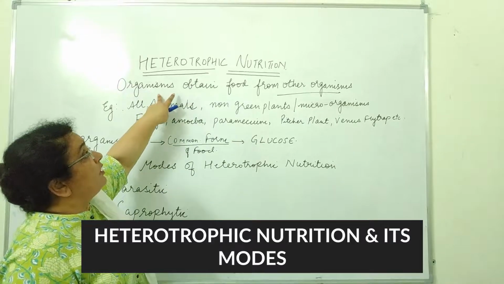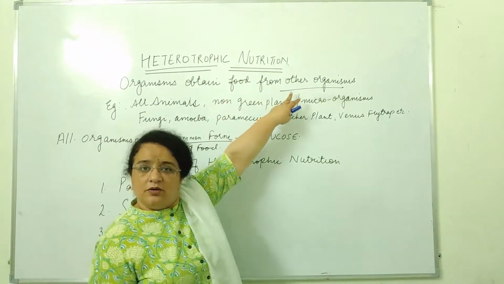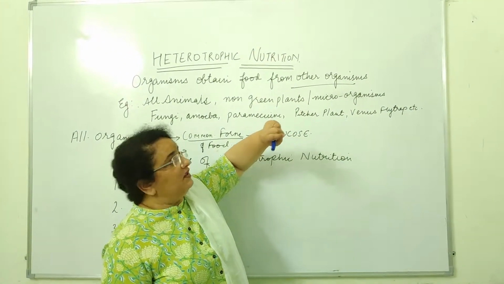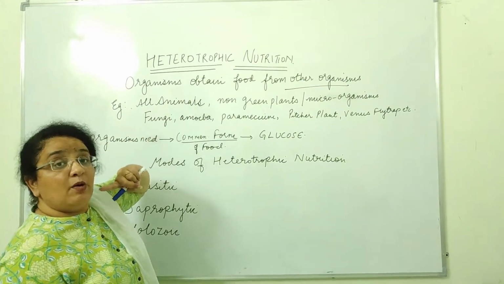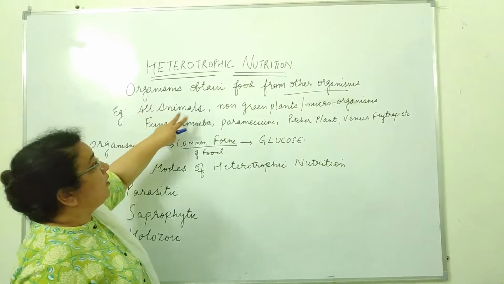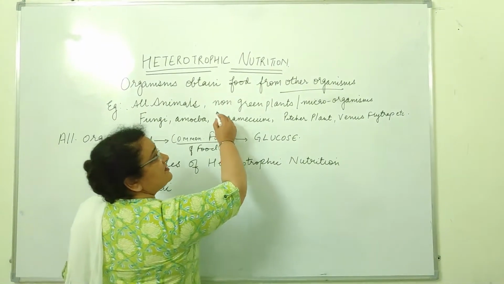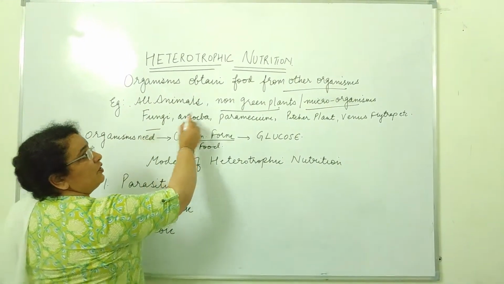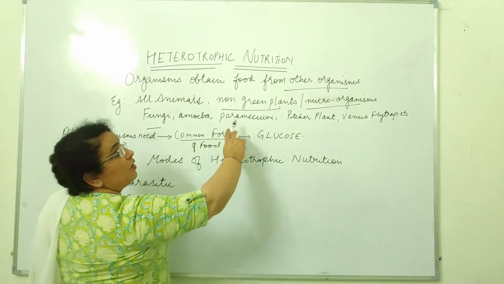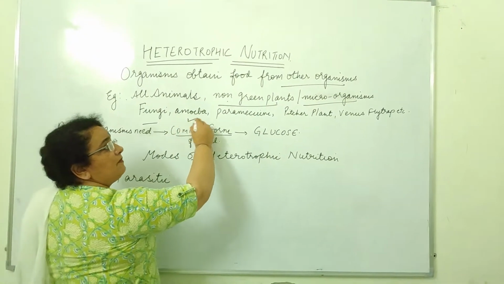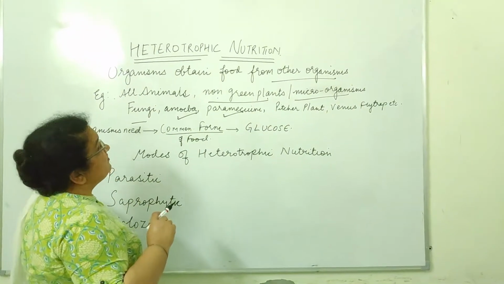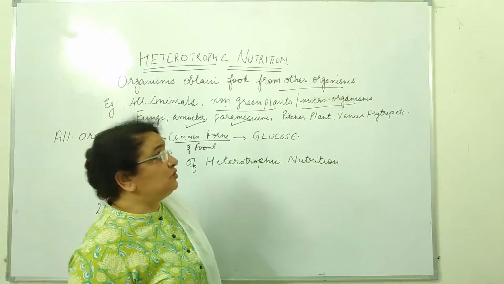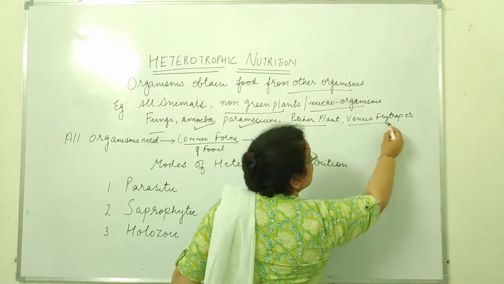In this type of nutrition, organisms obtain food from other organisms. It means that they cannot make their own food like plants. So obviously, these include all animals, non-green plants, and even non-green microorganisms. Non-green plants are fungi. And non-green microorganisms include amoeba, paramecium, and even some plants which are insectivorous, like pitcher plant and Venus flytrap.